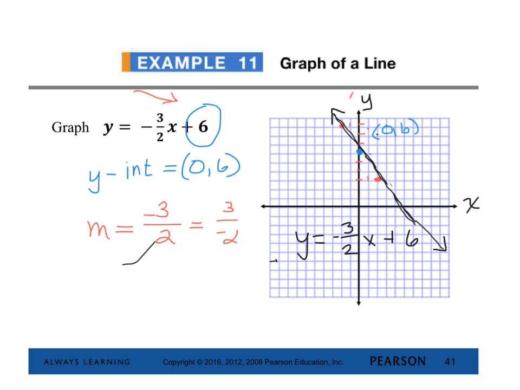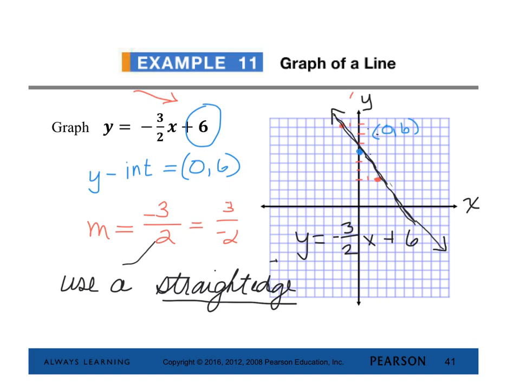You always want to use a ruler. It isn't important if it has number markings on it, but the fact that it has a straight edge. Okay, so you want a straight edge.